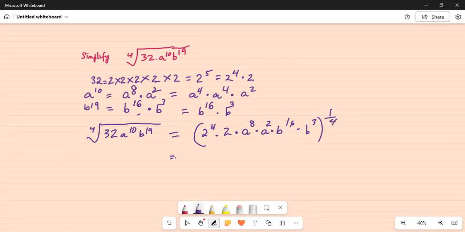Now we will use the property of exponents, which says when the bases are the same, exponents get multiplied. So it will be 2 to the 4 times 1/4, multiplied by 2 to the exponent 1/4, because 1 times 1/4 is 1/4. Then a to the 8 times 1/4, then a to the 2 times 1/4.